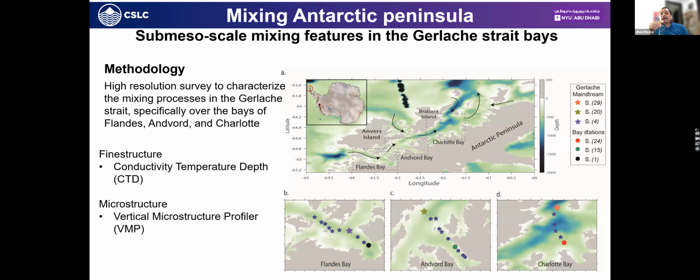And to record the microstructure, we used a VMP, a vertical microstructure profiler, with a distribution from the mainstream of the Gerlache Strait to the main interior bays where the marine glaciers are located.